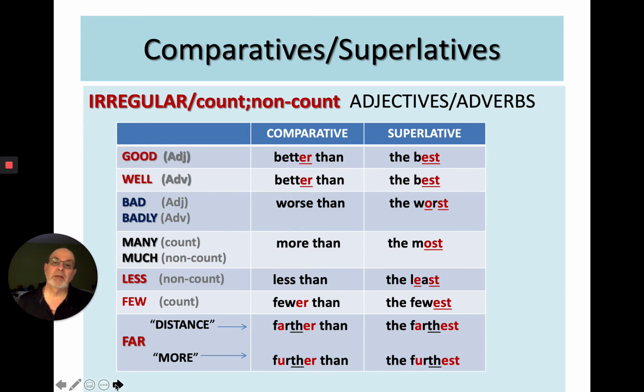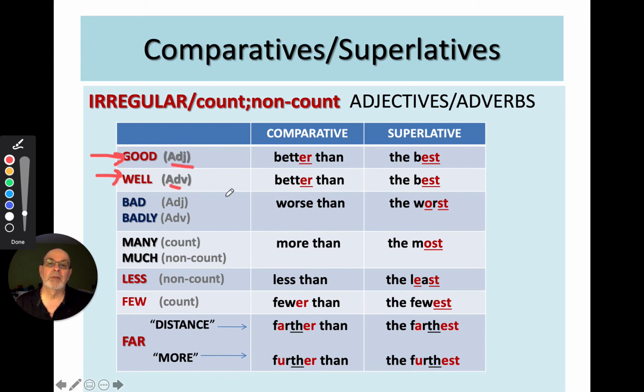Every time we make a rule, of course, there is an exception, and these are the exceptions. The words good and well, I have 2 different forms. One is adjective, one is adverb. Both change in English to better than and the best. So better, 2 syllables. The best, 1 syllable.